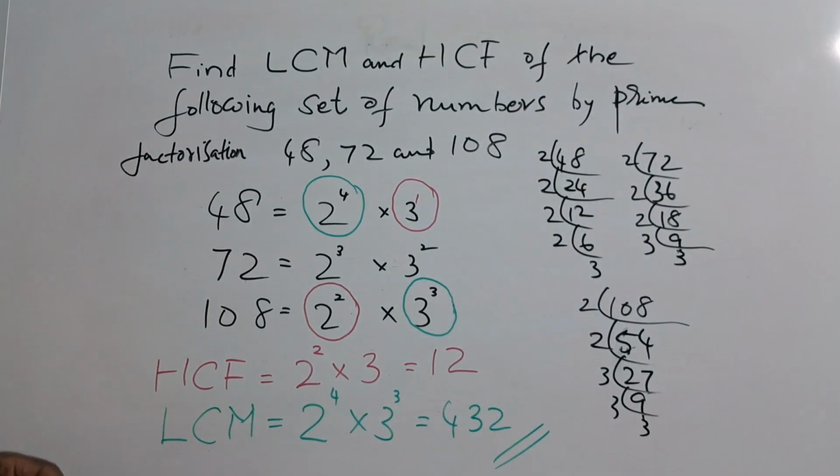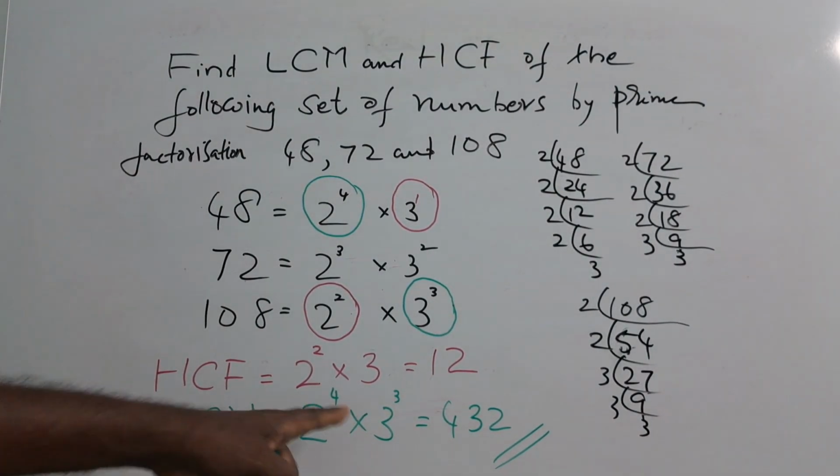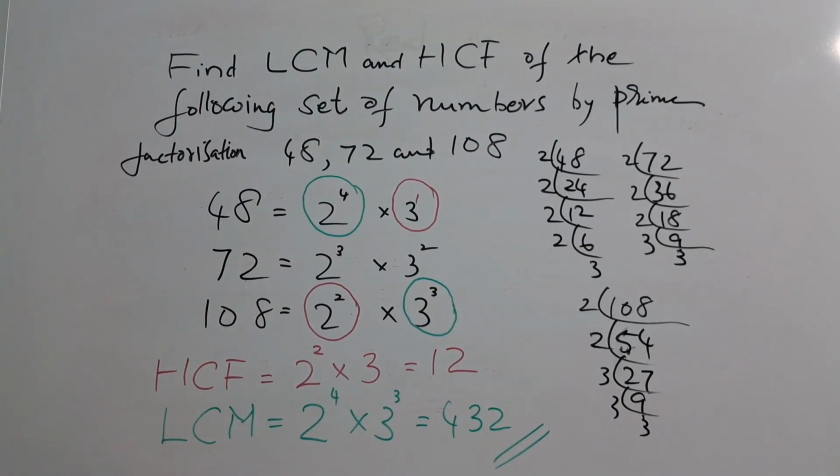This is the LCM of the numbers. HCF is 12 and LCM is 432. I think it is clear to you how to find the LCM and HCF of numbers. We'll have a few more examples so that it will be clear to you how to find the LCM and HCF of a set of given numbers.